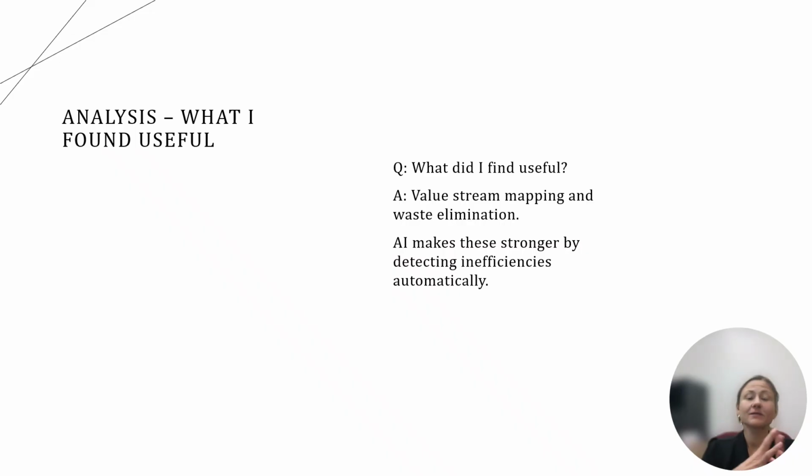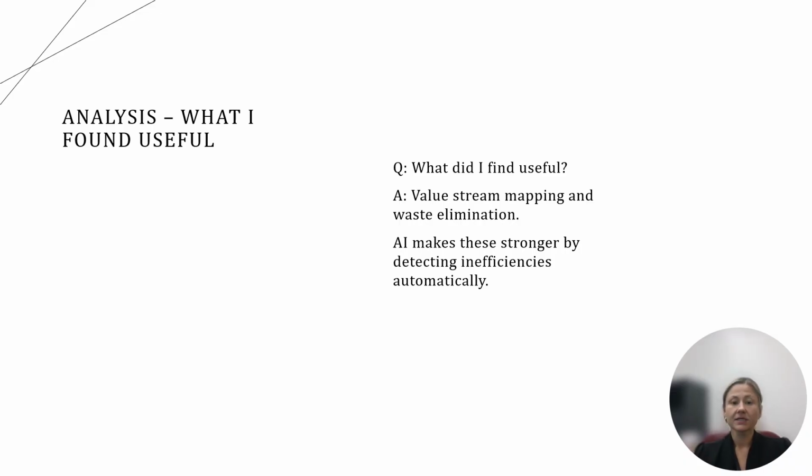I'd like to dig a little bit deeper into what I found to be advantageous or useful throughout the past few weeks from an operations management course standpoint. Value stream mapping and waste elimination are obviously key factors from a lean perspective, but I've really learned to lean on AI.